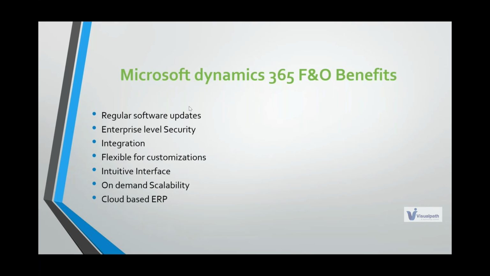On demand scalability. On demand scalability is nothing but, for example, you have a mobile and you are using so much data. Storage is very important for you because you have a lot of photographs, a lot of videos you are taking. So you need 256 GB. Sometimes even that is not enough for you. You need more.